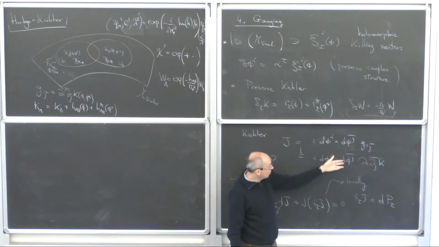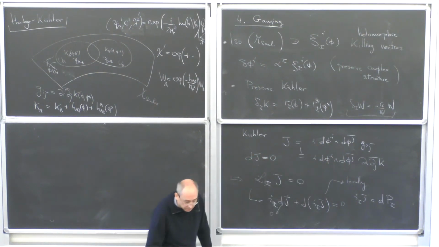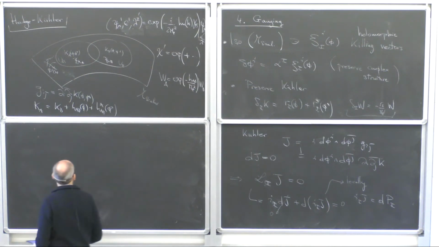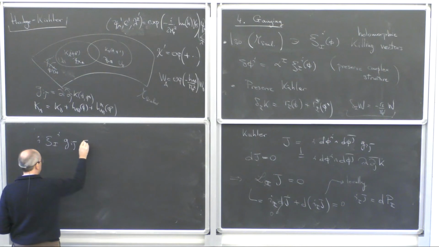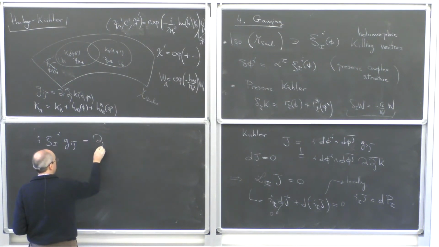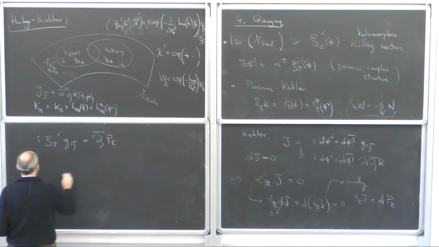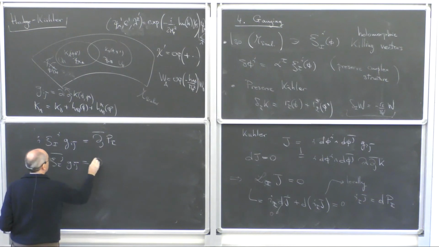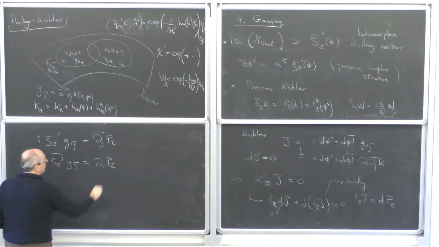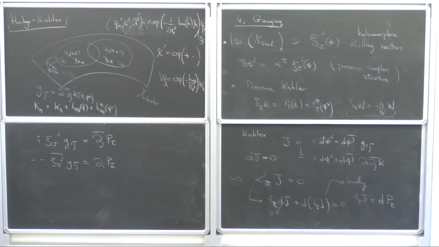And since you preserve the complex structure, you can either rewrite it in terms of the holomorphic part or the anti-holomorphic part, and you will get two different expressions. So one is this, and the other is this. And of course, they are one the complex conjugate of the other.